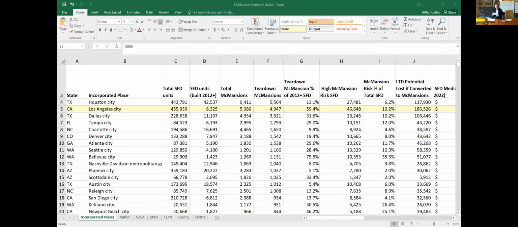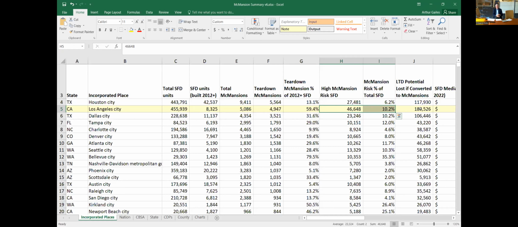About 35% of those, 5,000, were teardown McMansions, and so roughly 60% teardown McMansions, and therefore there's a very high risk among the remaining SFDs, a portion of the remaining SFDs, to convert to McMansionization, and so Los Angeles could lose a substantial chunk of its existing supply.